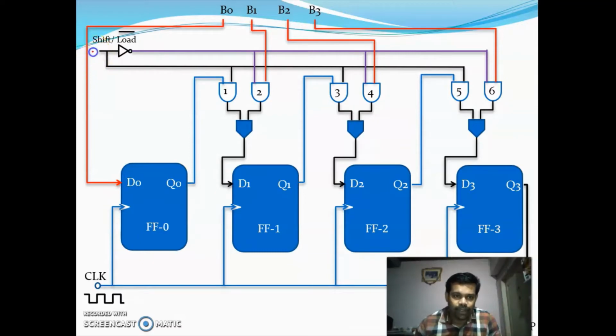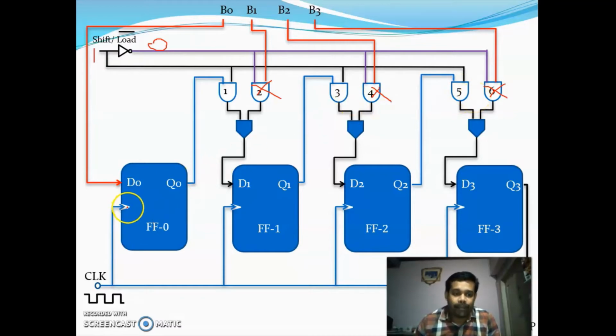When you are giving 1 to the control input, the gates 2, 4 and 6 get disabled, because when you are giving 1 here, you will get 0 from the inverter, and one of the inputs of gates 2, 4 and 6 is connected to this line, so it will be 0. So these gates 2, 4, 6 are disabled.